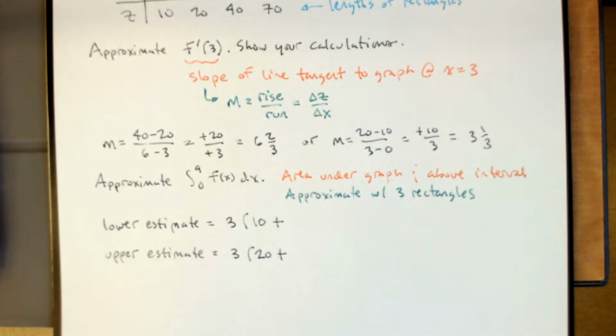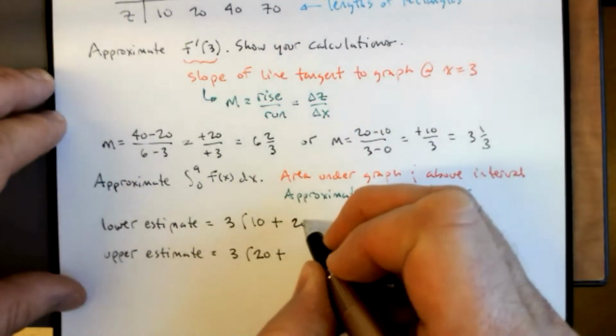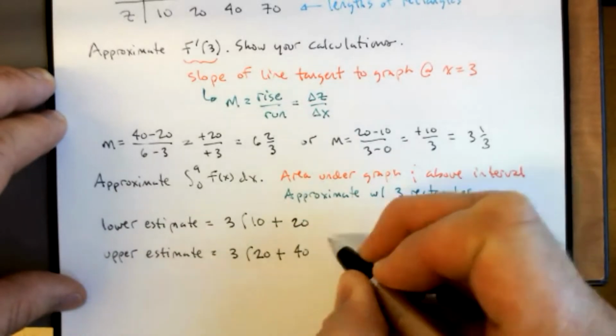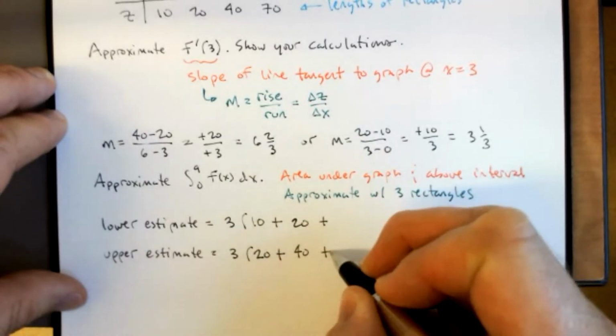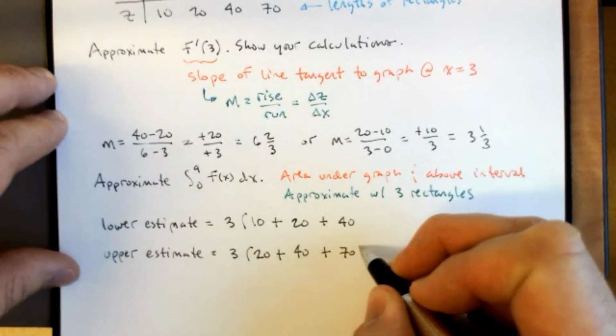Now I move on to the next rectangle that has a height of at least 20 and at most 40. So for my lower estimate, I'm going to pick 20. And for my upper estimate, I'll pick 40. And then we'll do the same thing with the 40 and the 70.